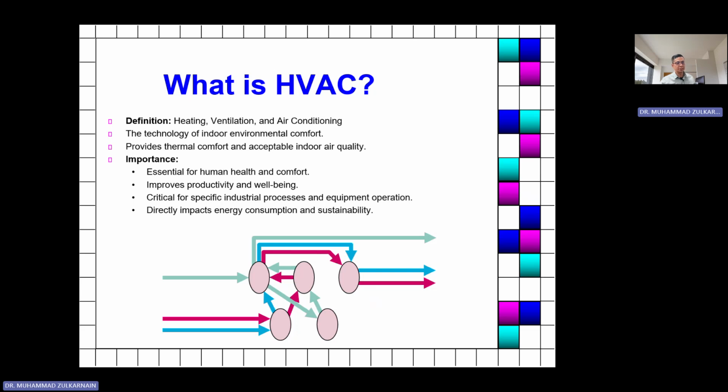So it means we need to control the conditioned air in the indoor room condition. So let's say we want to control the whole room, or maybe a library, or maybe the living room. So we want to control the air condition with our comfort situation.